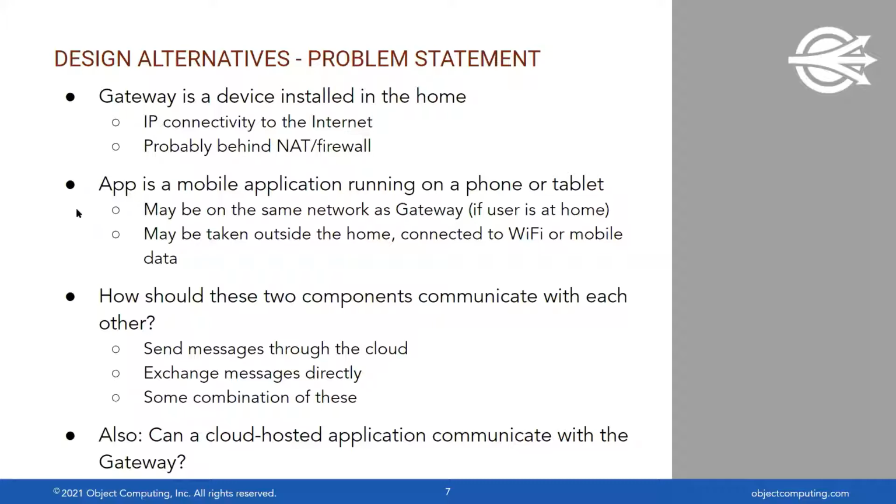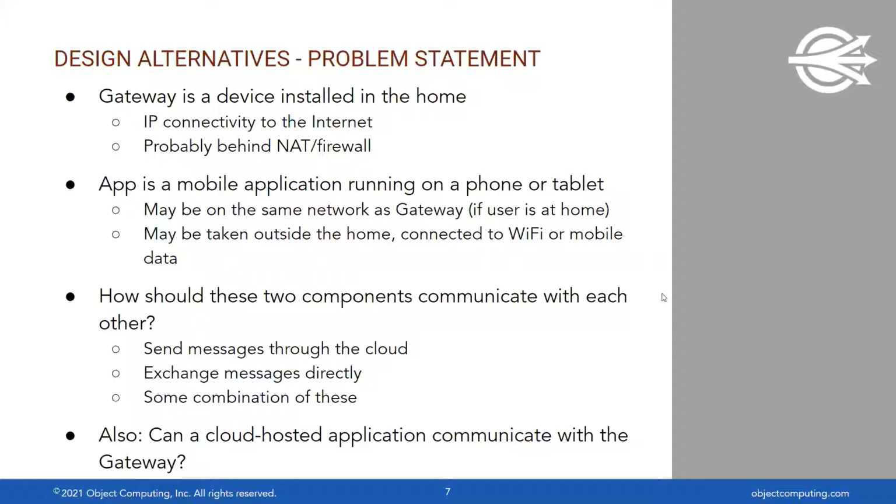Running on a smartphone or tablet. And it may be on the same network as the gateway, right? And so if the user is at home, and that may be quite often, or a large percentage of the time that the user wants to interact with these devices, they may be within the home network, but they can also take this mobile application outside the home, right? And that's connected to Wi-Fi or mobile data.